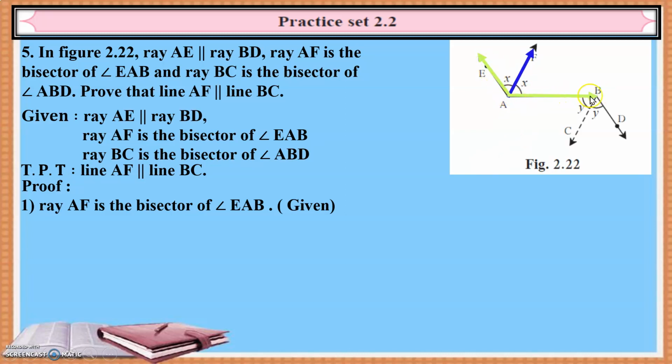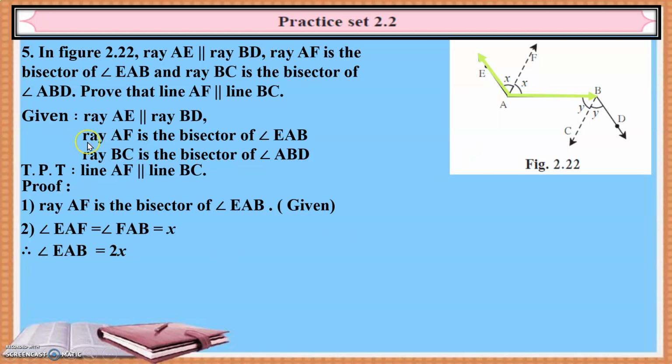Now, because this is a bisector, we know that angle EAF will be equal to FAB, and we will take them to be X. So let's write that statement. Angle EAF, the pink angle, equal to the orange angle, equal to X. Now, if each of them is X, then what will be the bigger angle? EAB will be 2X. So let's write EAB equal to 2X.